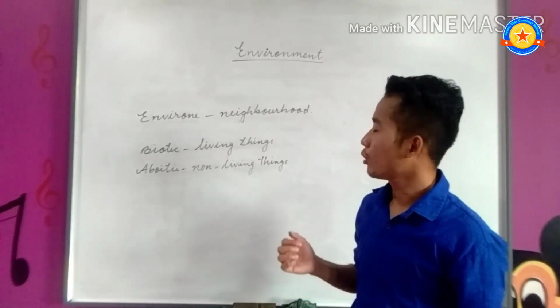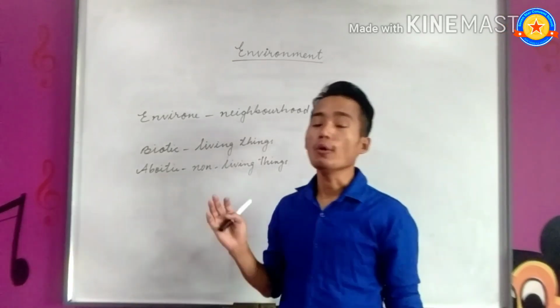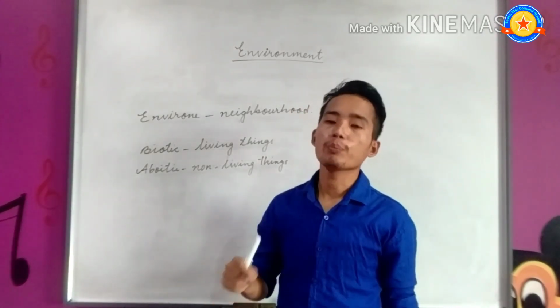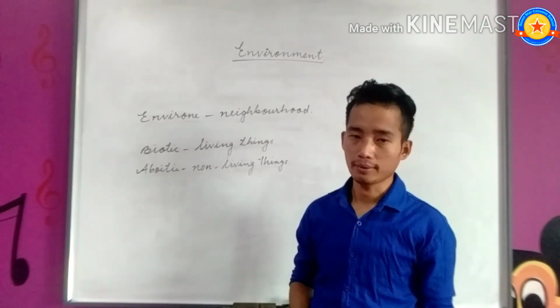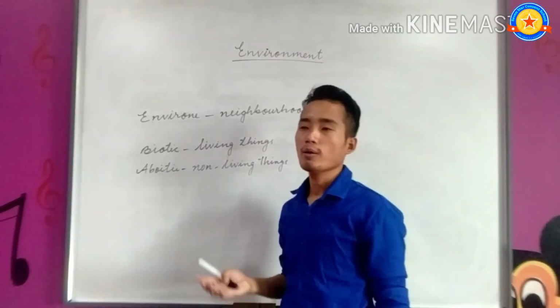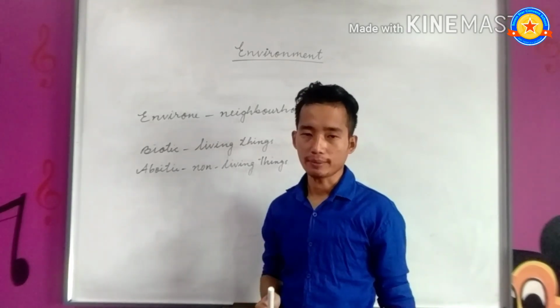So let us quickly go to the natural environment. Everything that is around us and is not made by humans is called natural environment. For example, land, water, air. These are examples of the natural environment.